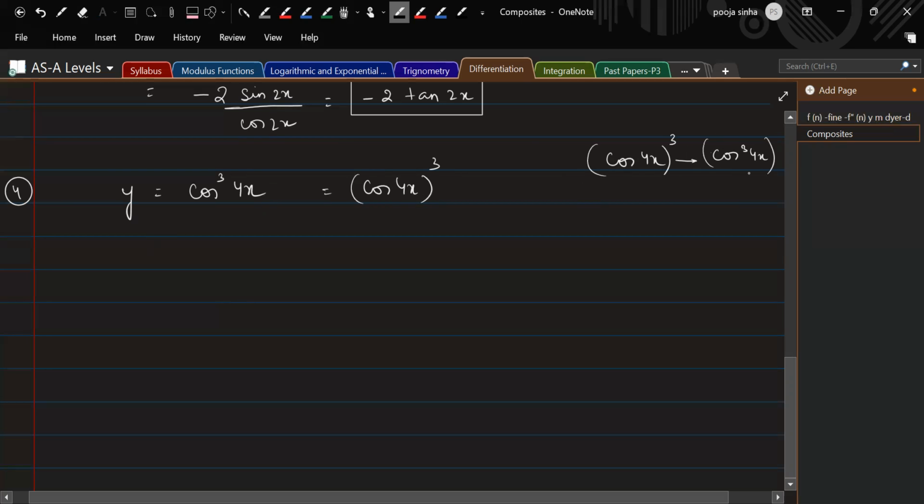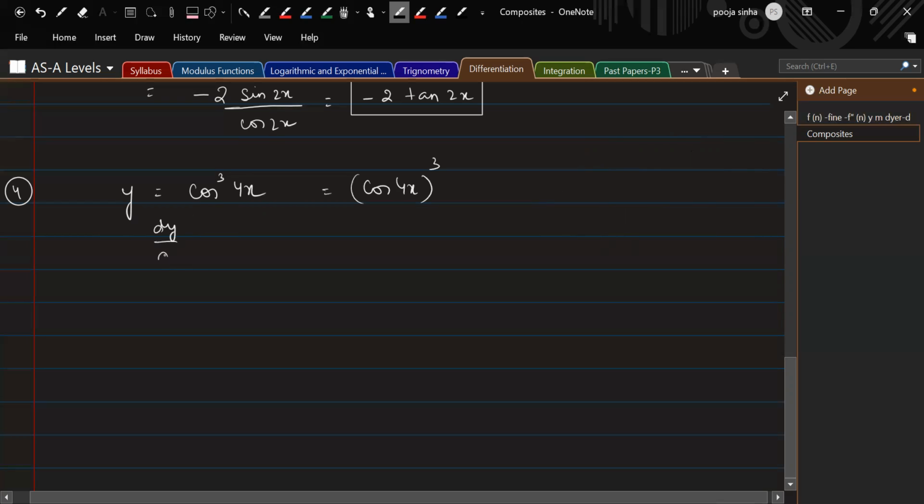It's always the same thing. Sin theta whole square is same as sin square theta. So you understood why I wrote it like this?